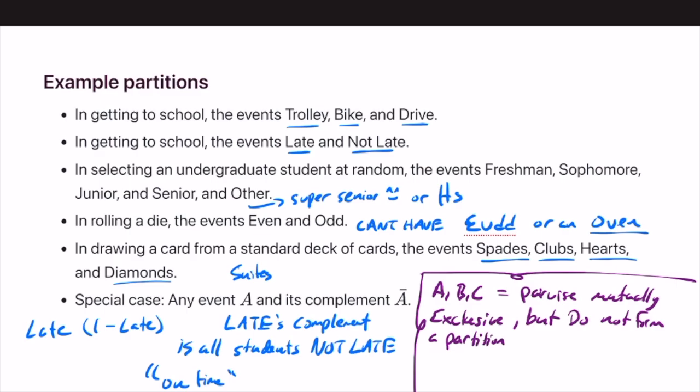It is because the probability of A plus the probability of B plus the probability of C do not equal 1.